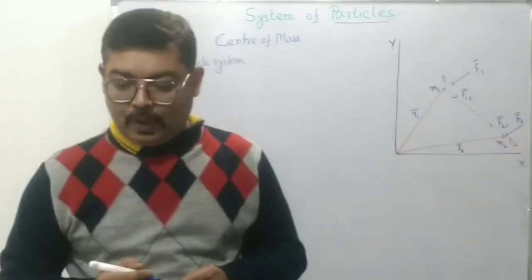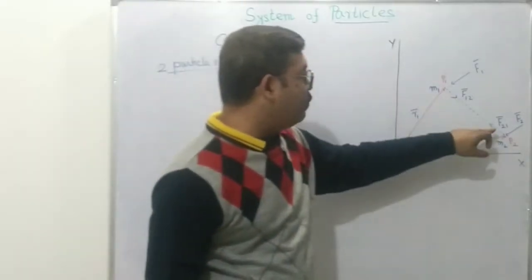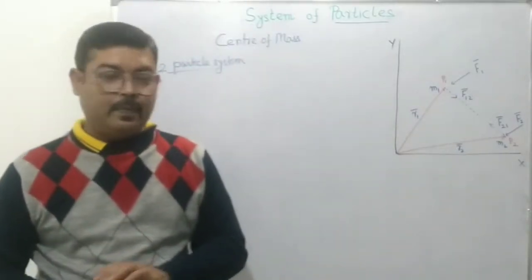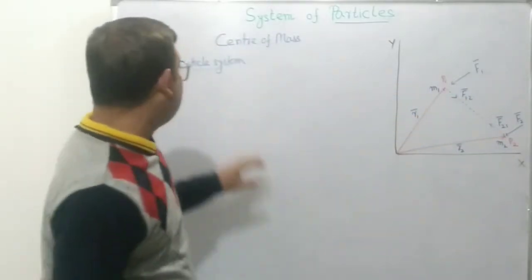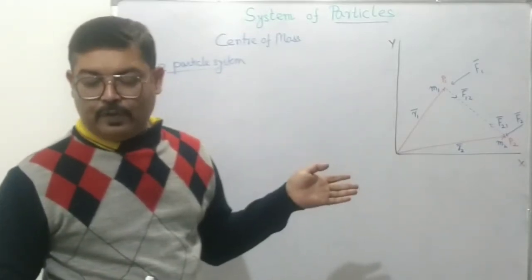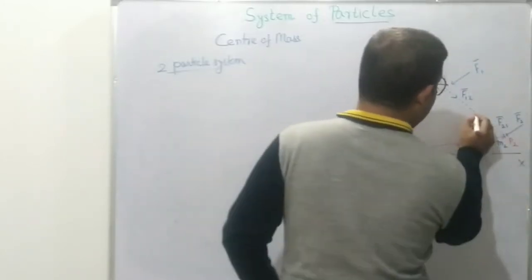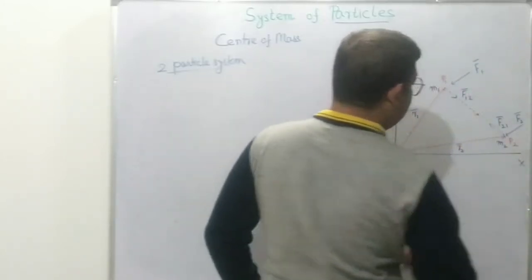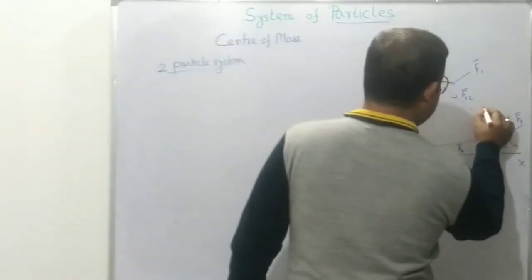So F1 and F2 are external forces, whereas F12 and F21 are internal forces. This is the system of particles. Now we want to find the center of mass of it. We do not know the exact position, but let us say it is somewhere in between the two, and call this point C.